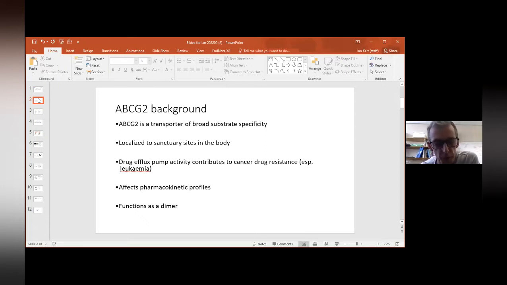We know also that due to its localization in things like the gut and the kidney, it affects the pharmacokinetic profiles of many drugs. And slightly different to ABCB1 that we've heard quite a bit about, we know that G2 has to function as a dimer because it's a so-called half transporter.